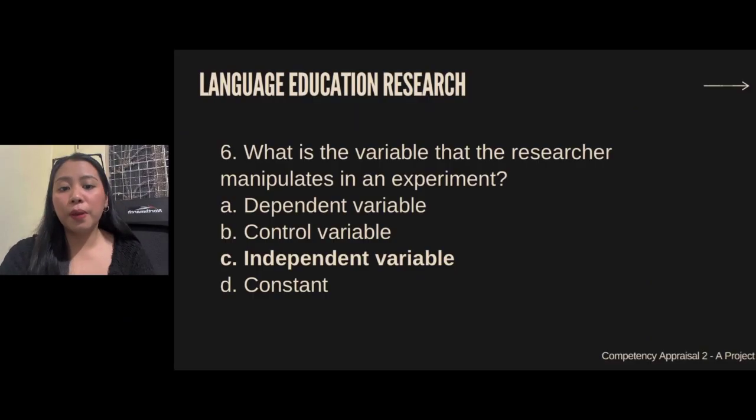Letter B stays the same to avoid affecting the outcome. That's the control variable. Letter D, constant, are also unchanging elements, but we don't test them.